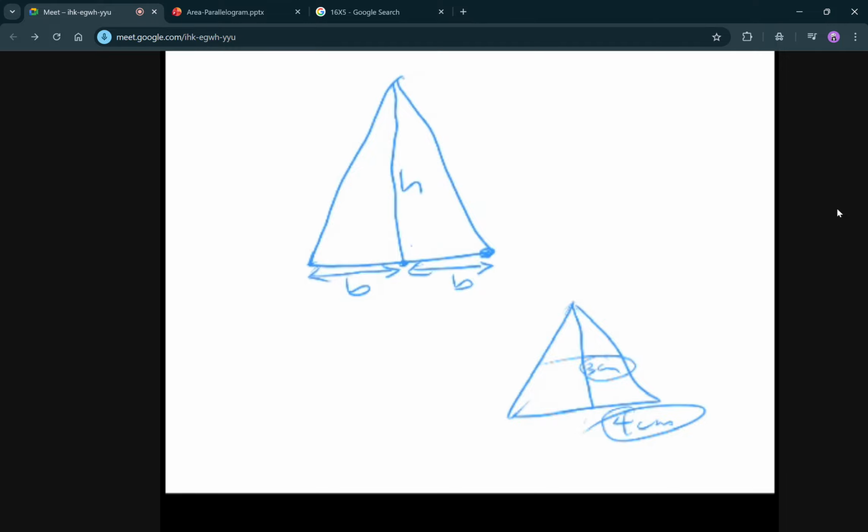Wait, one more thing. When I get my base and my height, just so that I can multiply them all, should I write the number of the base and the height and then put it as a fraction and underneath I'll just write one?